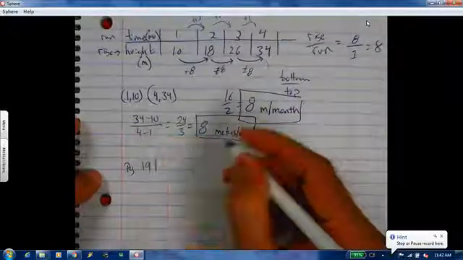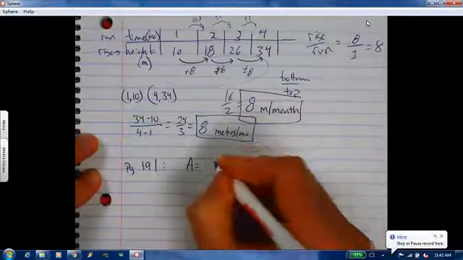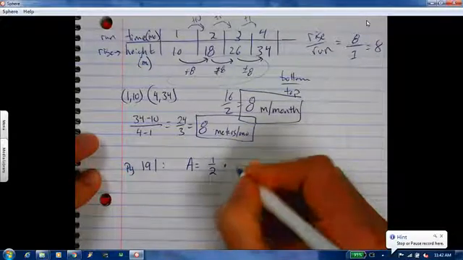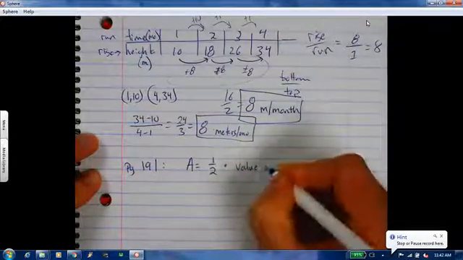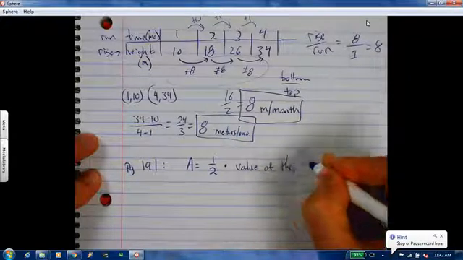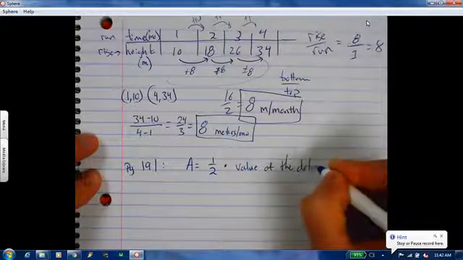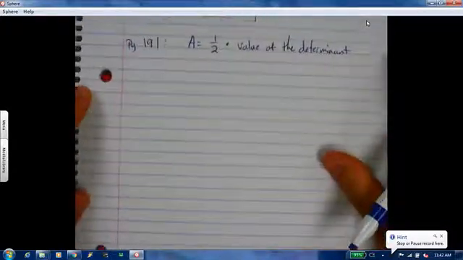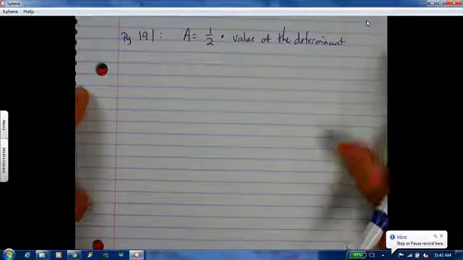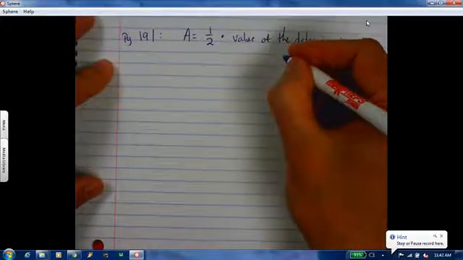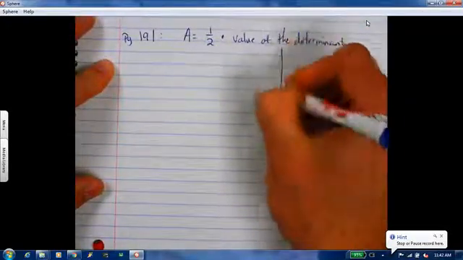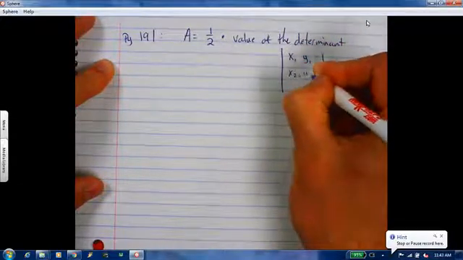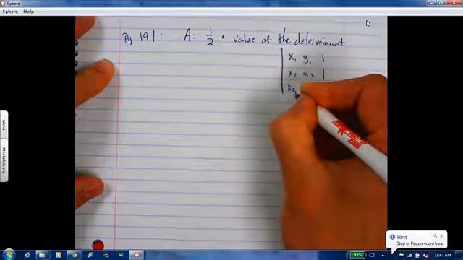So the area is going to equal 1/2 times the value of the determinant, and again, you can use your calculator for this. 1/2 times the value of the determinant, and the determinant is x1, y1, 1, x2, y2, 1, x3, y3, 1.